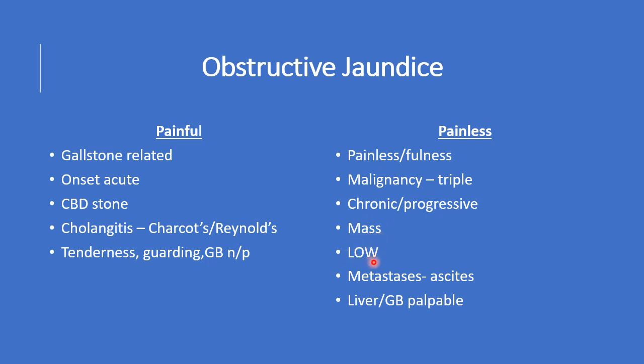Usually there is significant weight loss, and evidence of metastasis must be looked for, especially edema and ascites. Ascites is usually revealed by shifting dullness, which must be carefully elicited. The liver and gallbladder may be palpable. If the gallbladder is palpable in a jaundiced patient, then according to Courvoisier's law, the condition is most commonly due to malignancy and not gallstone obstruction.